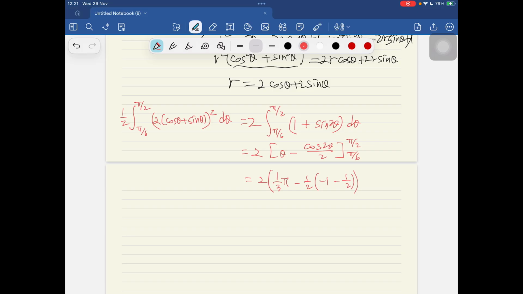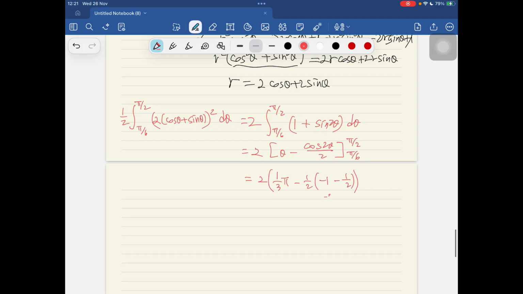So the result is 2 pi over 3 plus 3 over 2. I think this is the answer.